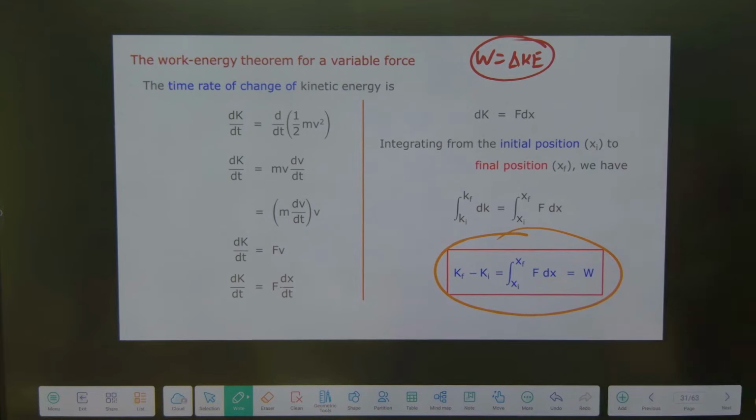So the derivation has been given there. Take a note of this.